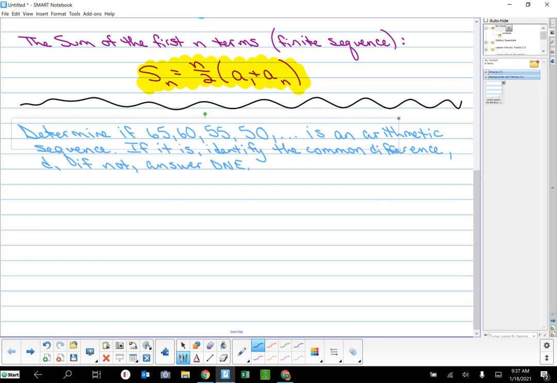All right, so when I do these, I like to start by just writing these in order: 65, 60, 55, 50, and then just do this. What's the difference between them?